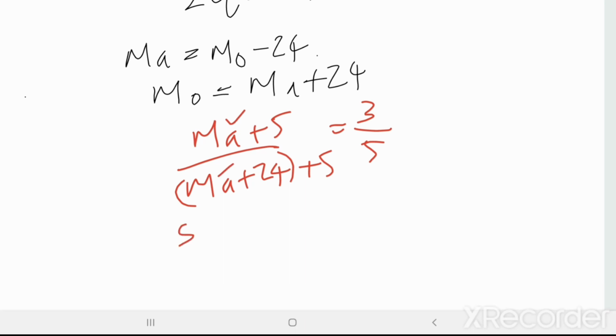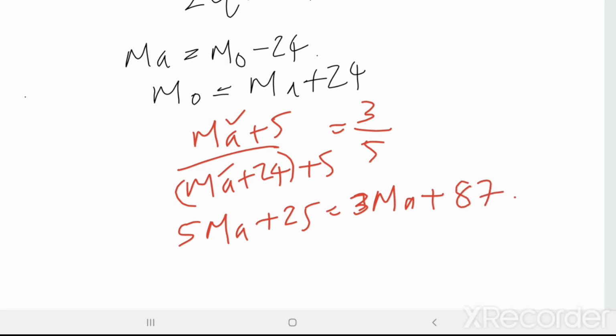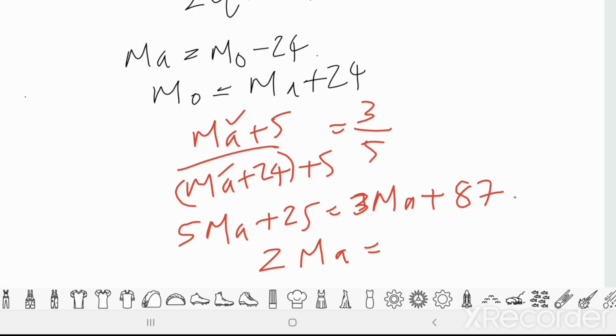Solving this, we get 5 MA plus 25 equals 3 MA plus 3 into 29, which is 87. Then 5 MA minus 3 MA, we get 2 MA equals 87 minus 25, we get 62.